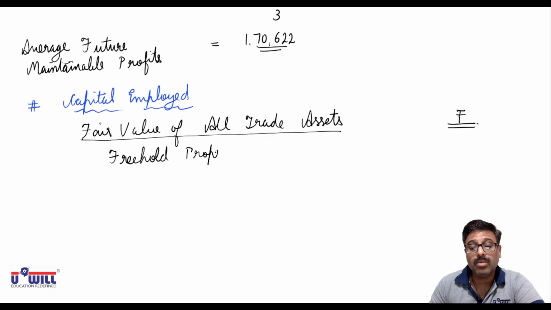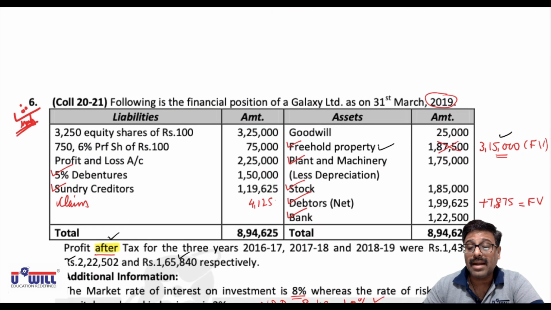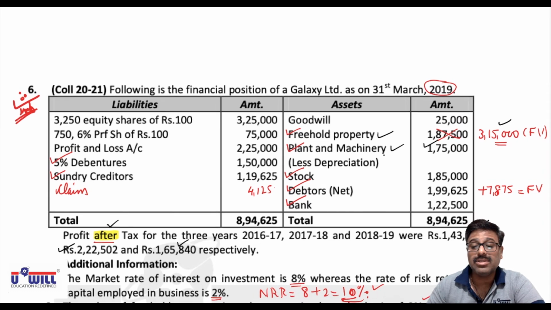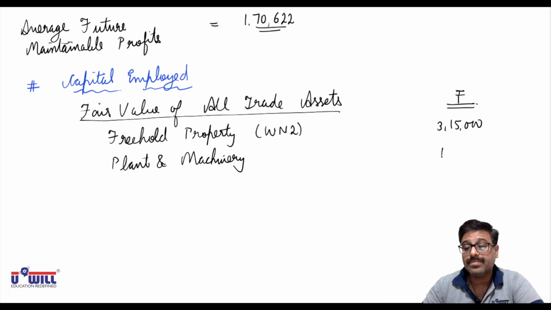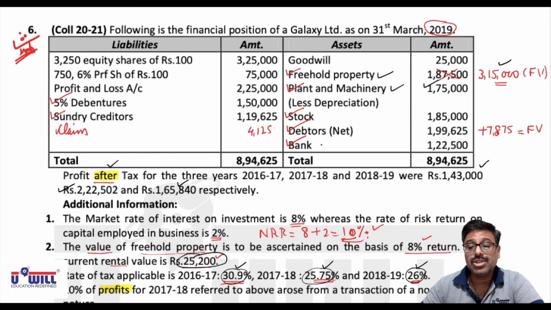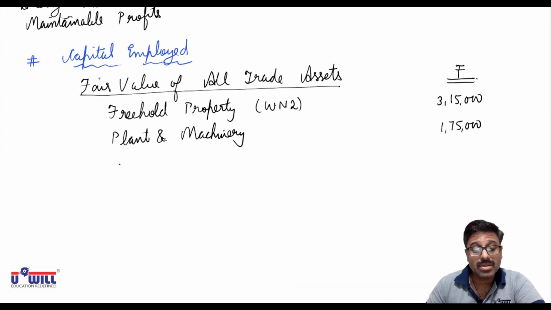Then plant and machinery 1,75,000 as it is. Then stock 1,85,000.